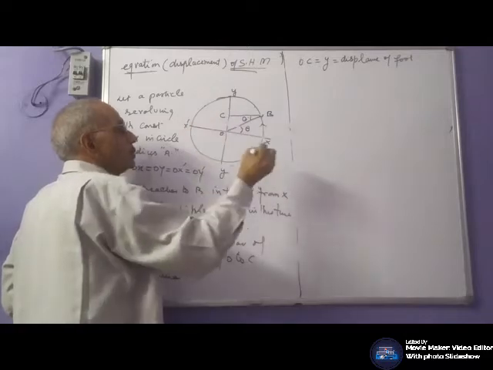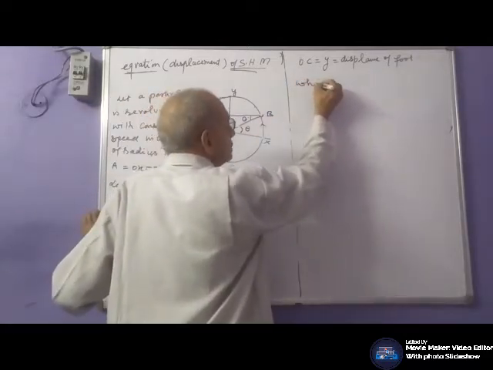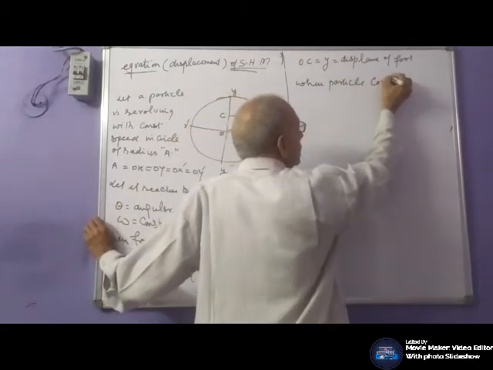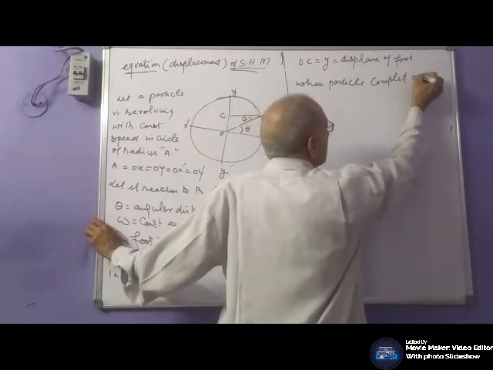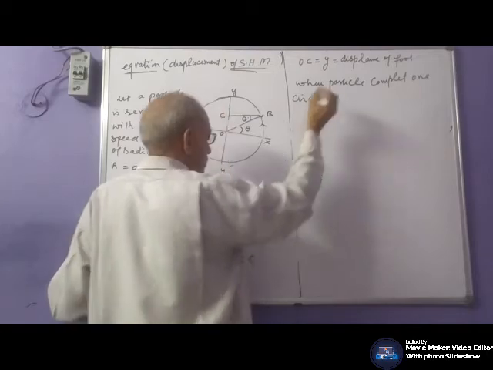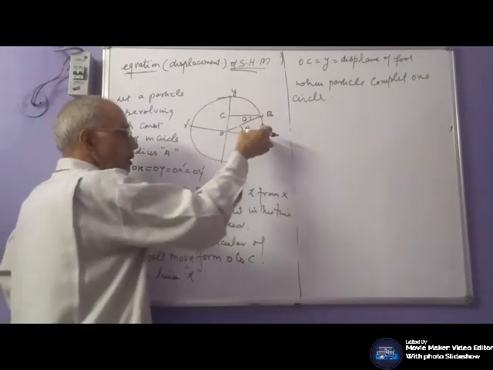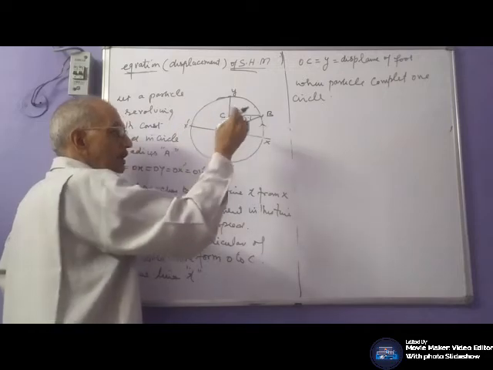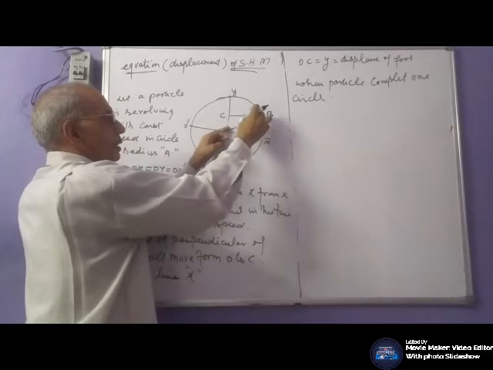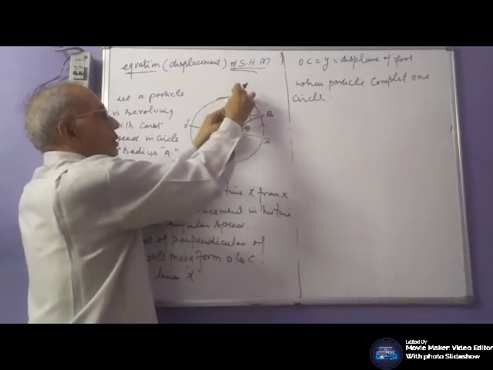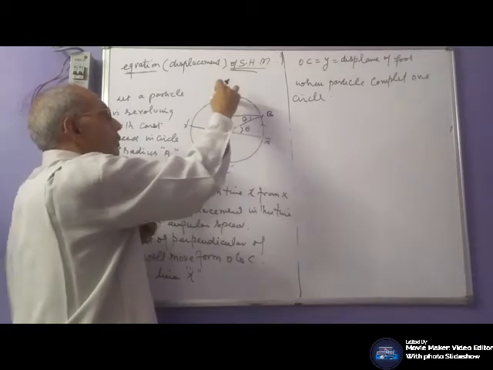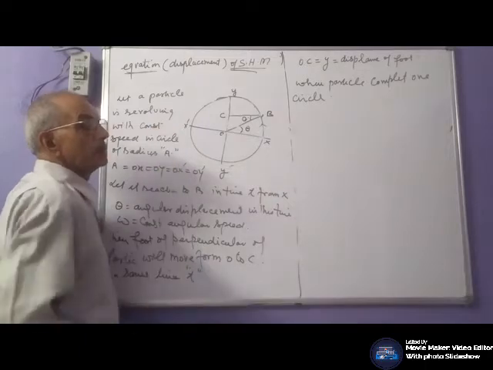So when the particle completes one cycle, one circle, again the particle moves in the circle. Particle here, foot here; particle here, foot here; the foot at the same place, then here, then the foot moves back.